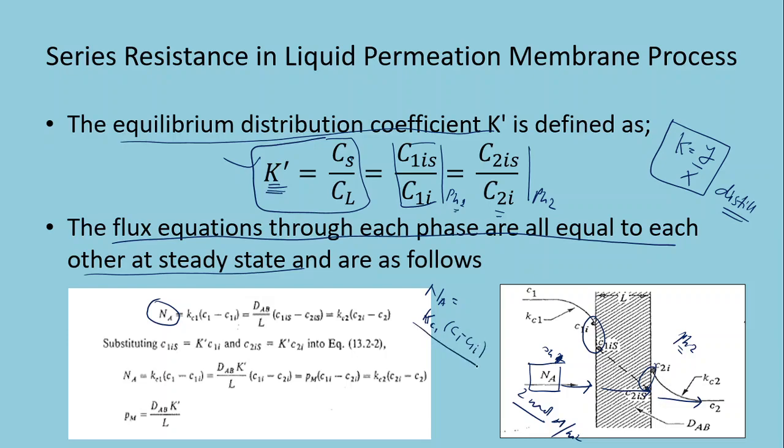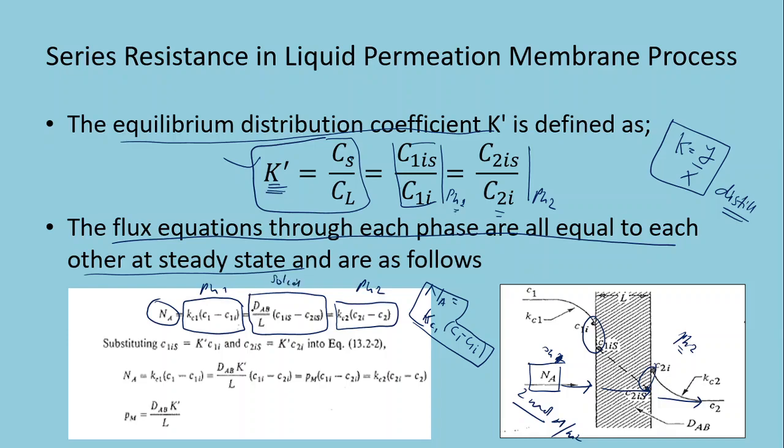This is the NA value in phase 1, and this is equal to, for phase 2, which is very similar, Kc2 times C2I minus C2. This is the equation for the amount of NA in the solid membrane.